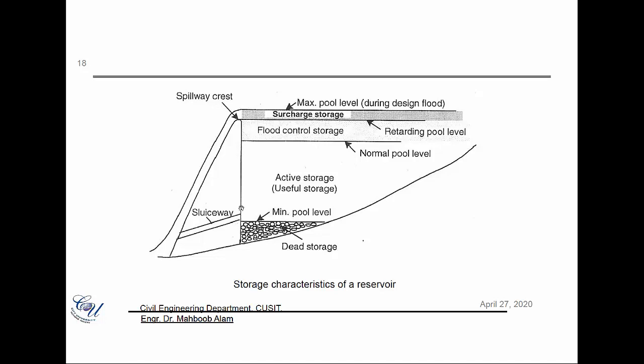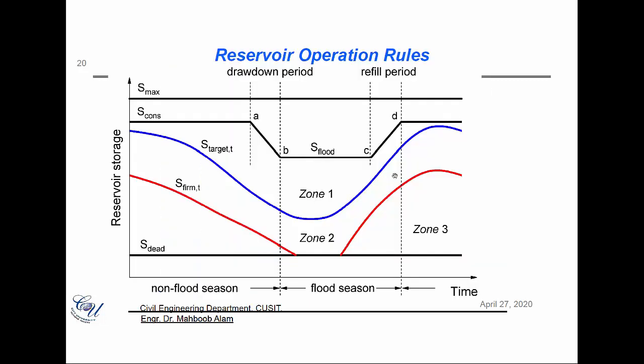Sometimes we have intake structures at different levels, and the one which is on the lowest level is where your minimum operation level is, where your reservoir can be operated. Then you always have a certain portion which you allocate for flood control, and also some other uses. And based on that, we decide how to operate my reservoir.